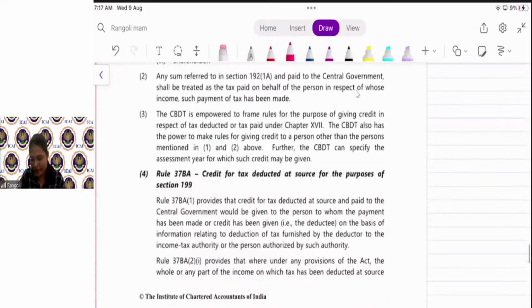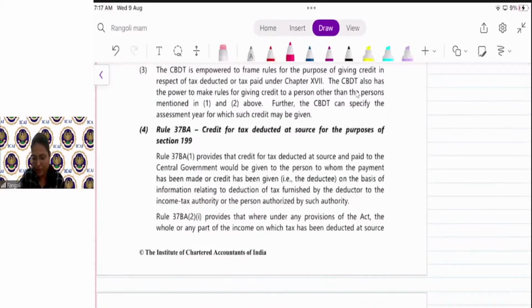Credit for tax deducted at source for purpose of section 199. Now, my dear friend, you need to inform the government that you have deducted this amount of TDS on behalf of this person, right? So that the government will know and the government will give credit of that tax to the payee.